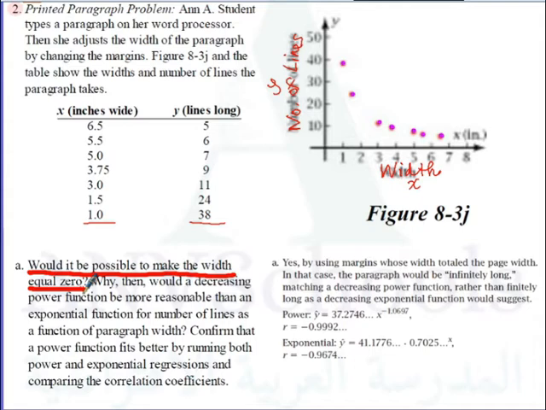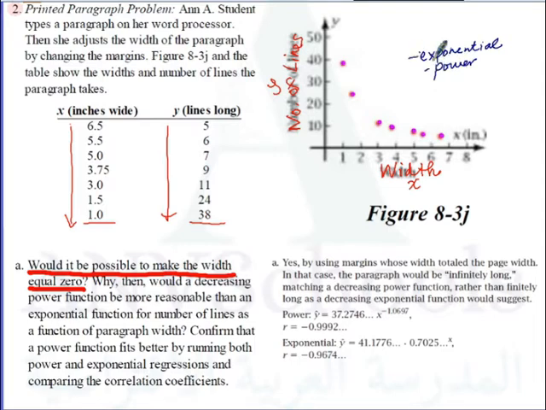Now you can see that when we decrease the margin, the number of lines increases, right? So looking at this suggests that it could either be an exponential function or a power function.